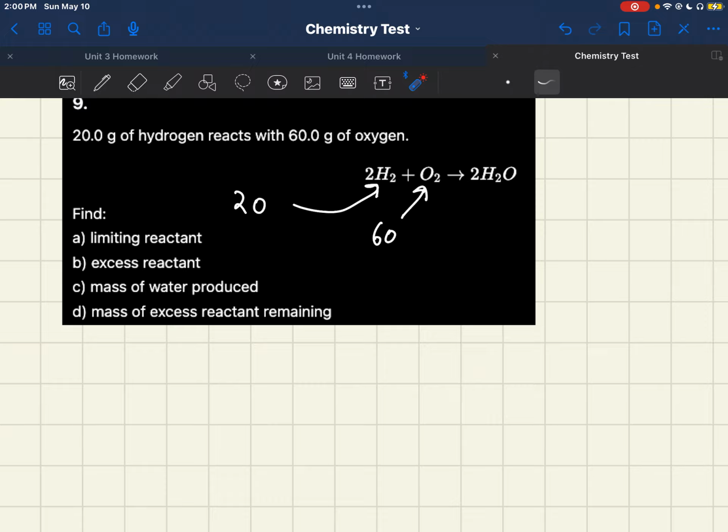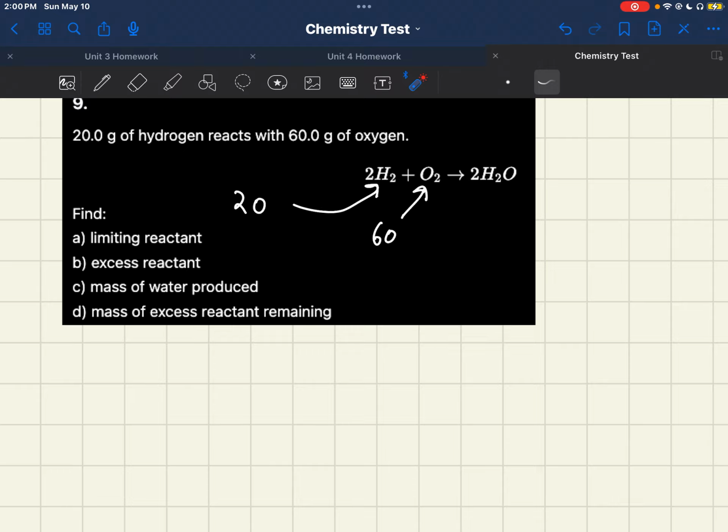And it's very simple. When you have a chemical equation, there's going to be a reactant that runs out first, meaning that its whole volume or its whole mass has been consumed during the reaction.